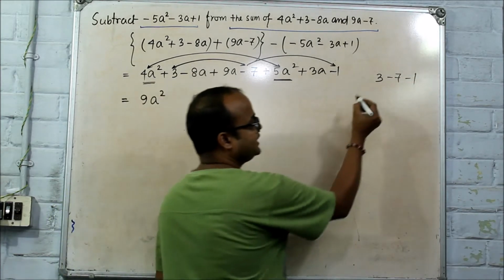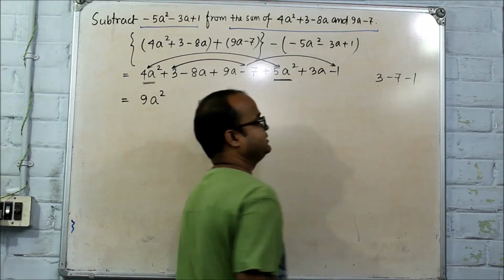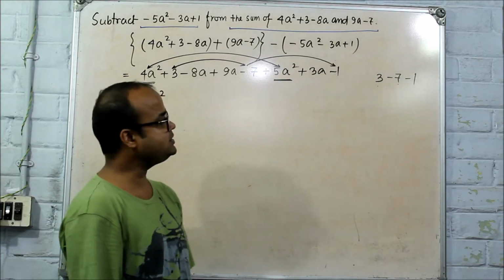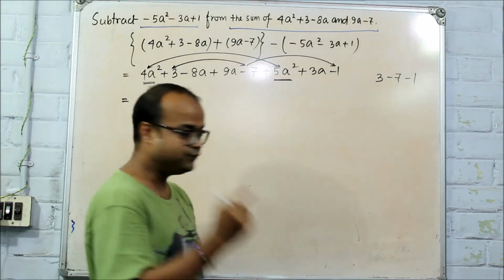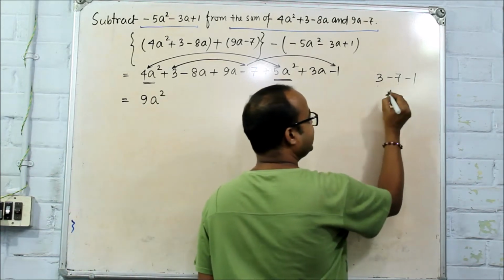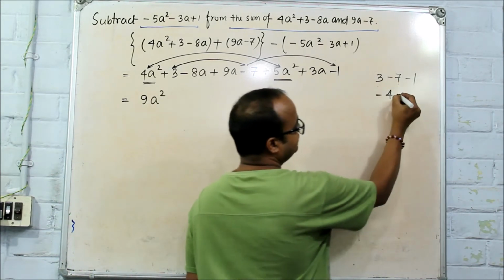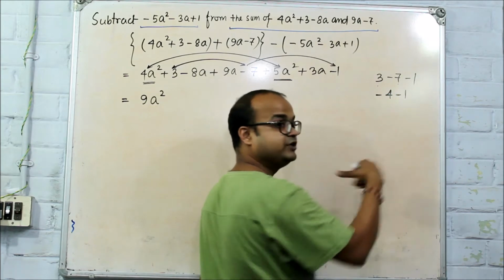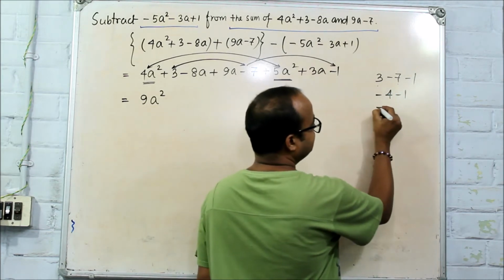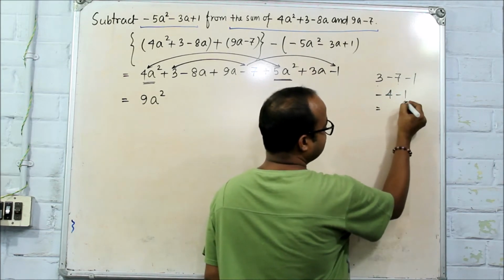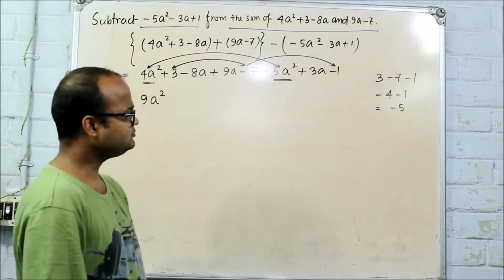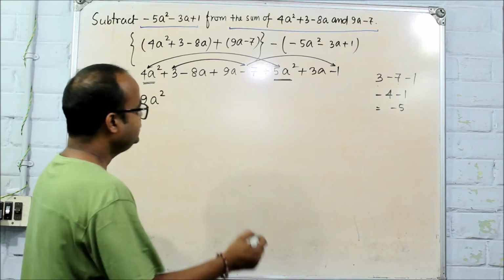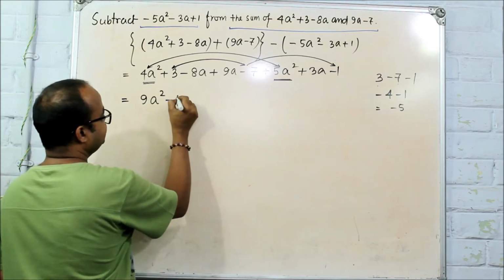If you simplify 3 minus 7, opposite sign, subtract 7 minus 3, 4. 7 is bigger in magnitude, so it will be minus 4 minus 1. Same sign, we need to add. So 4 and 1, 5, the result will be minus 5. So we write minus 5.